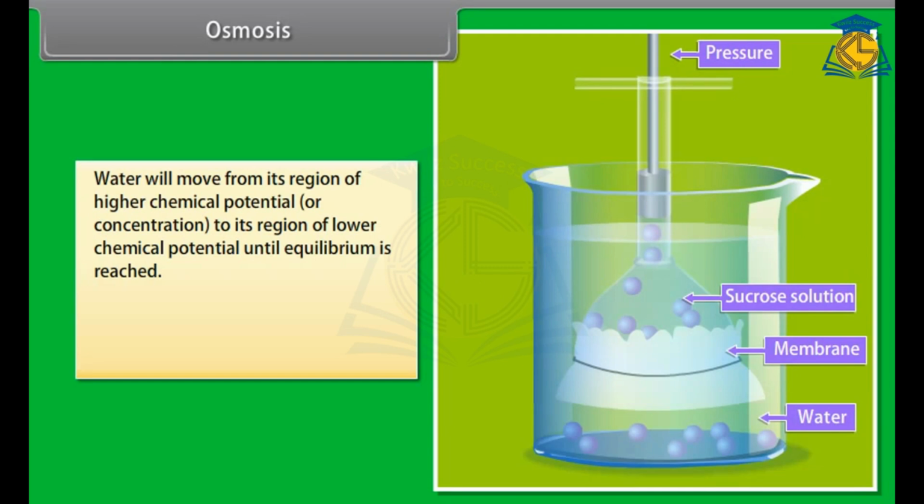The more the solute concentration, the greater will be the pressure required to prevent water from diffusing in. Numerically, osmotic pressure is equivalent to the osmotic potential, but the sign is opposite. Osmotic pressure is the positive pressure applied, while osmotic potential is negative.